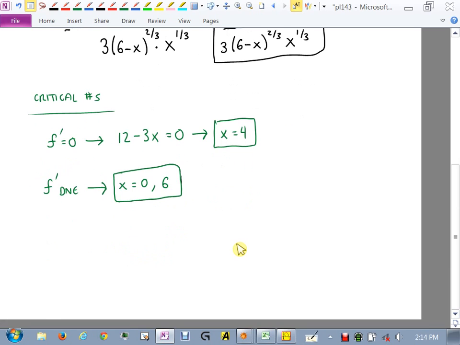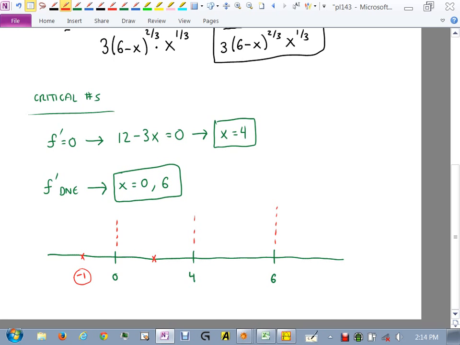Number line? 0, 4, 6. That partitions my number line into 4 sections, which means I need 4 test points. -1, 2, 5, 7.